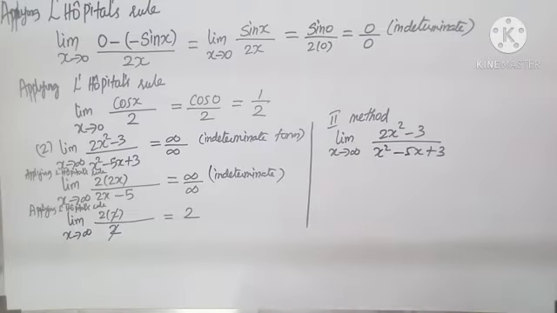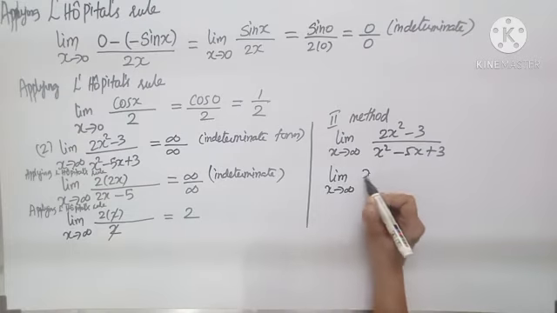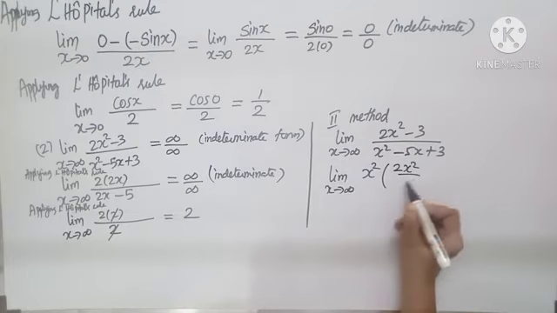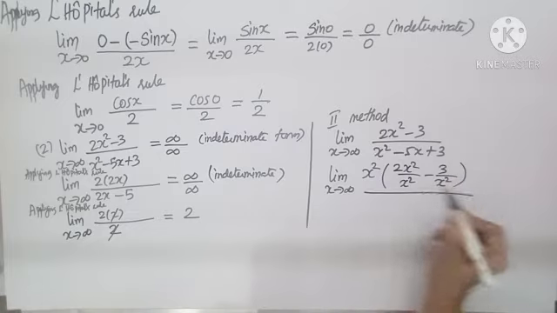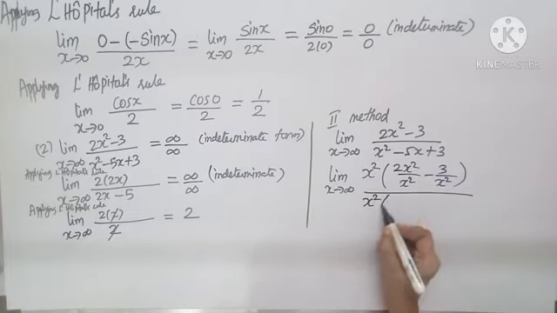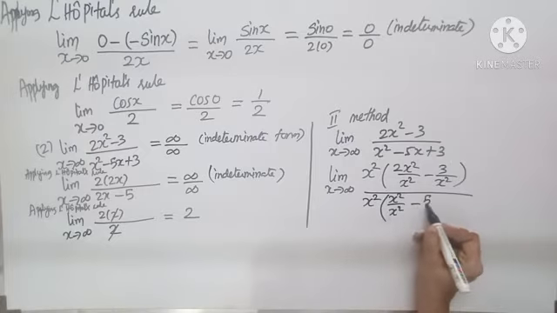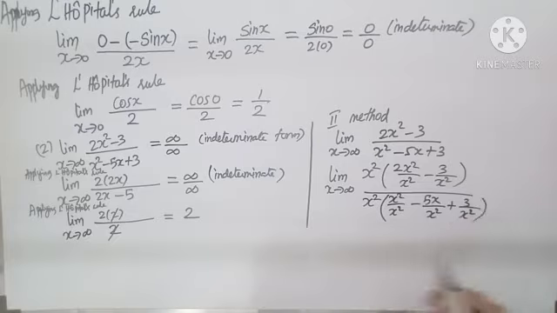So divide by x square throughout, and I get limit x tends to infinity, x square out, 2x square by x square minus 3 by x square. Denominator also x square out, x square by x square minus 5x by x square plus 3 by x square.